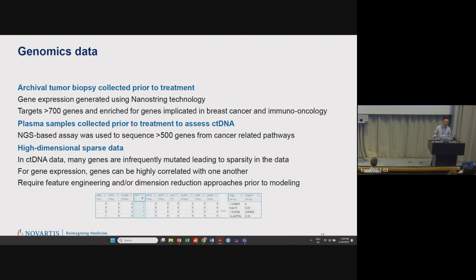So each of the three data modalities, they have their own characteristics, and they require different expertise to know the best way to extract features and process them.